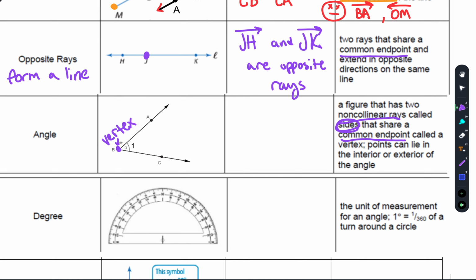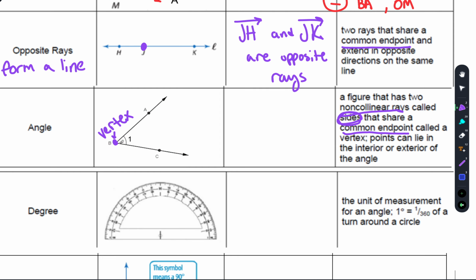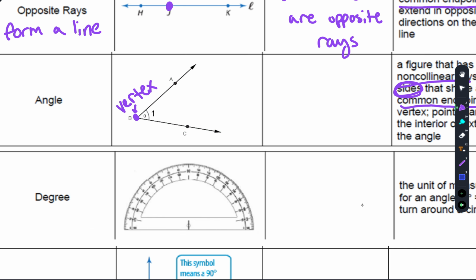Naming angles is kind of tricky, okay? The easiest way, and I love when they do this for us, is sometimes they'll just put a number inside of that angle. So this angle could simply just be called angle 1. Do we see that? Sometimes they're not so nice, and they don't give us that number on the inside, and that's okay.